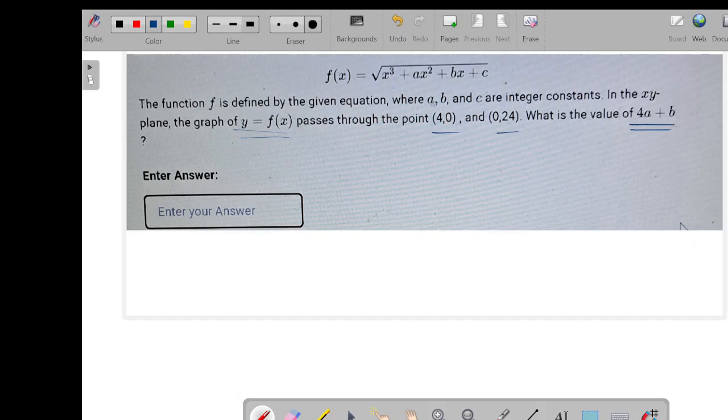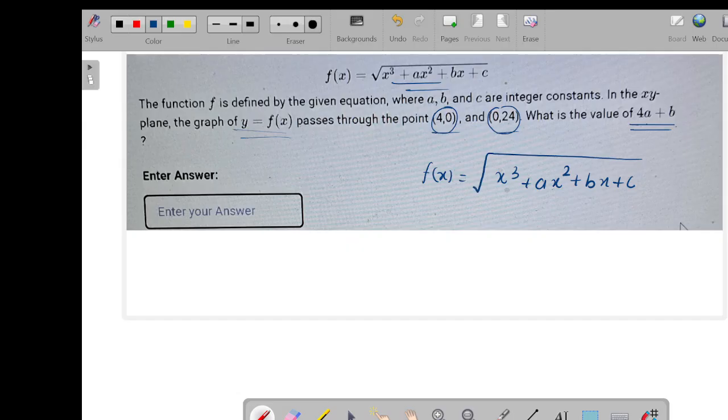Always remember, whenever a function or equation is given and points satisfy that equation, your first step should be to plug in the values. So what are you going to do? Let me write down the function. It is f of x equals x cube plus ax square plus bx plus c, all under the radical.